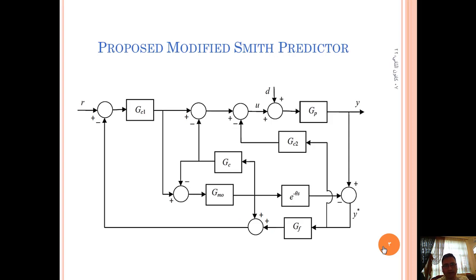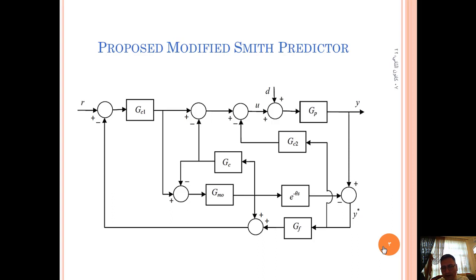This is the proposed modified Smith predictor in the paper. Many researchers try to design controllers for unstable processes with time delay, but it was a challenging task. This is challenging because the additional phase lag contributed by the time delay tends to destabilize the closed loop system.